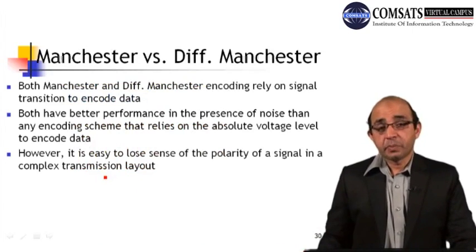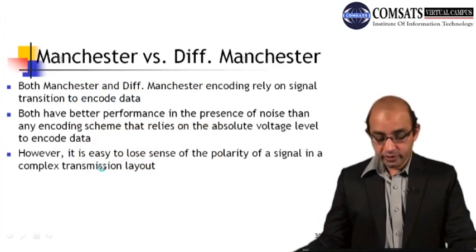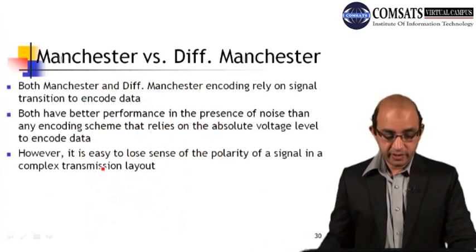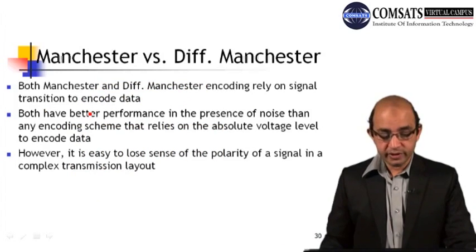So let's talk about the comparison, Manchester versus differential Manchester. Those encoding schemes lie in the category of biphase, so the encoding relies on signal transitions to encode data. So we have to look for the transitions.